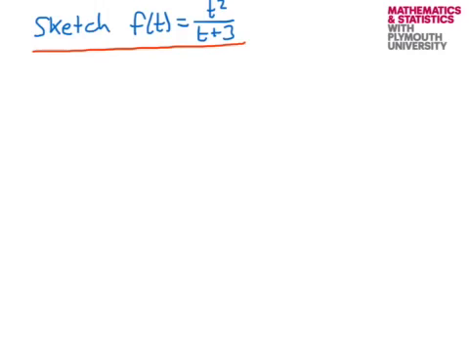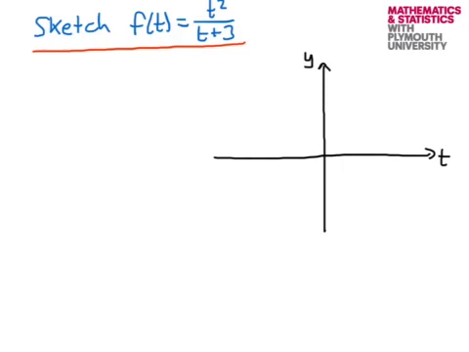So let's draw a set of axes, and then we're going to think at the side about some simple ideas to do with the function and start our graph that way. So our axes are labelled t and y. One of the first things that we can do is think about what the value of the function is when t is equal to 0.